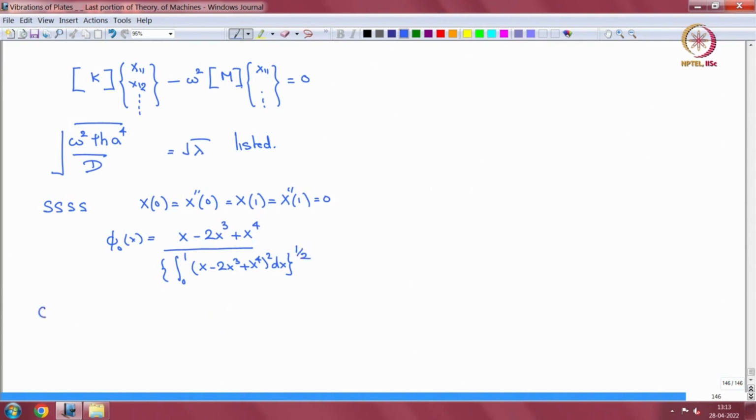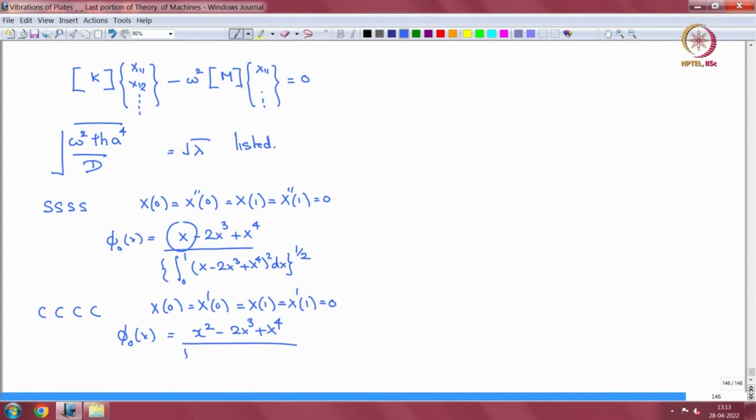If all four sides are clamped, then you get X of 0 equal to X dash of 0 equal to X of 1 equal to X dash of 1 equal to 0, and phi 0 of x in this case is x square minus 2x cube plus x fourth divided by the root of the integral 0 to 1 of x square minus 2x cube plus x fourth squared dx.